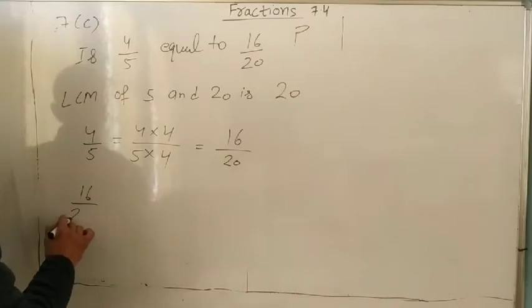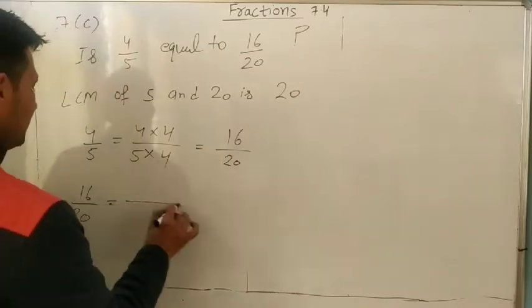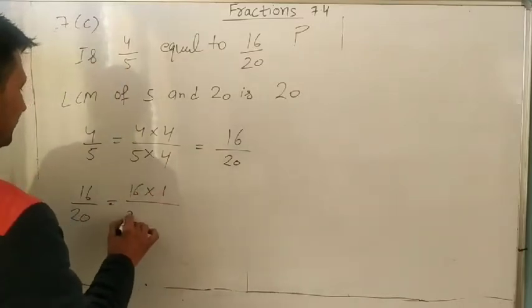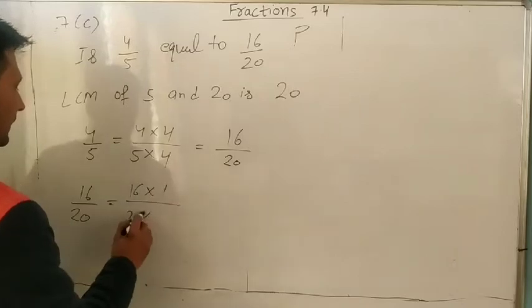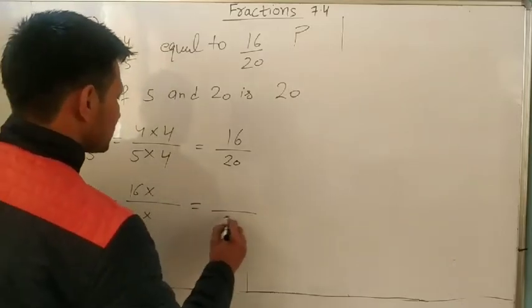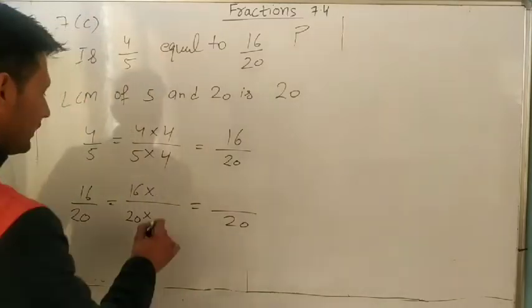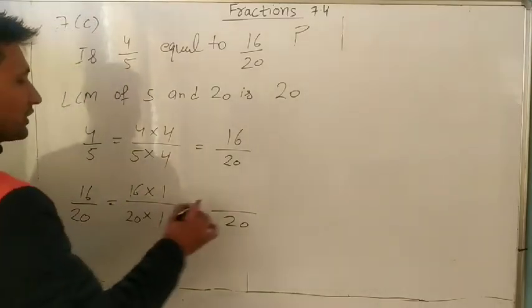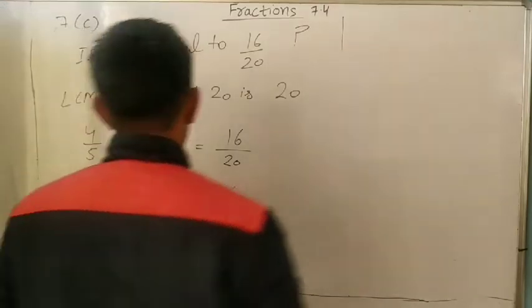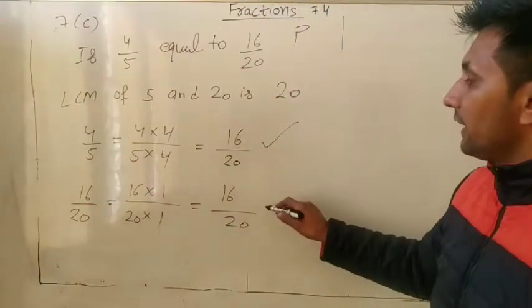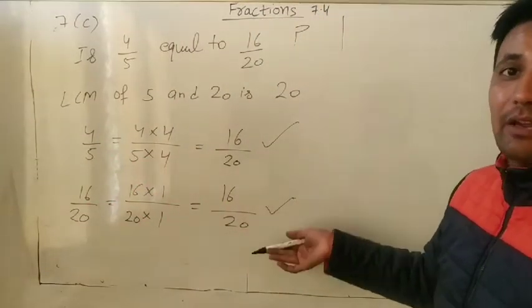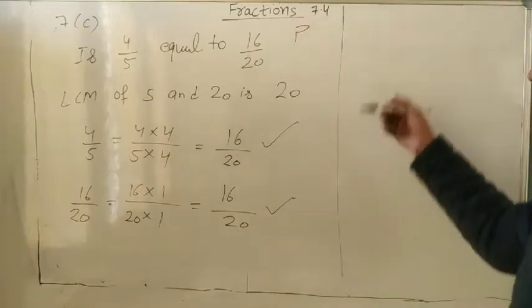Same as it is, 16 by 20. What number do you multiply by 20 to make it 20? 1. So 16 by 20. Can you say it is 16 by 20 and 16 by 20? They are equal? Yes, they are equal.